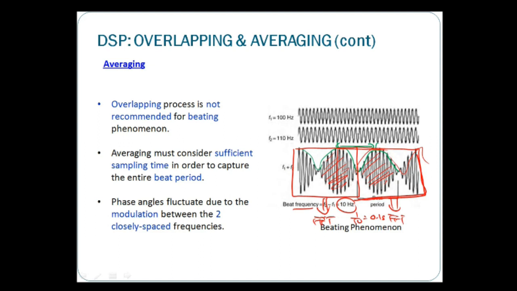It happens when you have two close frequencies coming together, and you very frequently see this when you have two machines running side by side. Of course, you say it's running at 50 hertz. Definitely it won't be. In actual, because of the slip itself, you have slightly lower than 50 hertz.